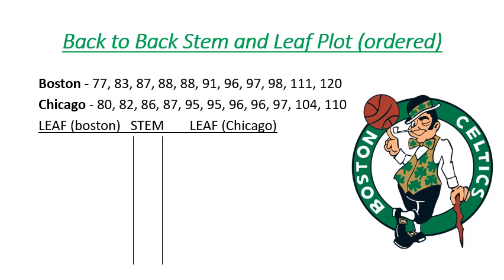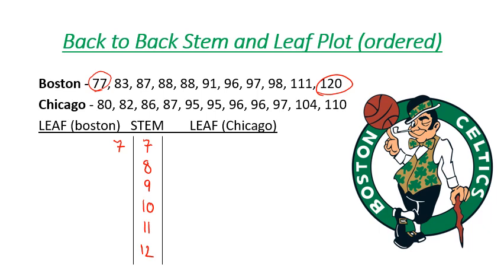We're going to compare the Boston Celtics with the Chicago Bulls, and we're going to do our stem to begin with. The smallest number here is going to be 7, because we have a number in the 70s. We need to go all the way down to 12 because we have a number in the 120s. So Boston is 77.